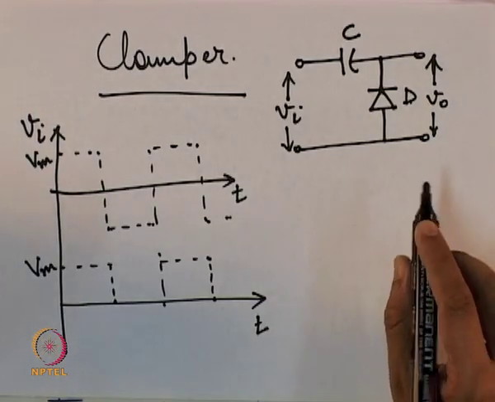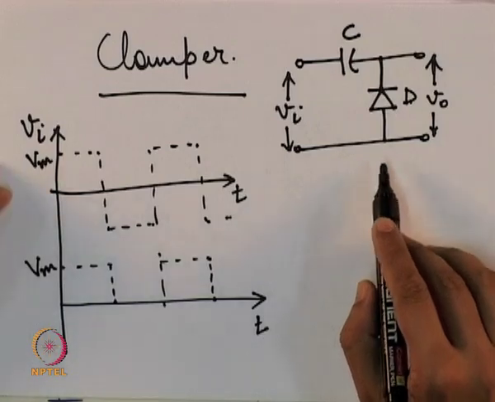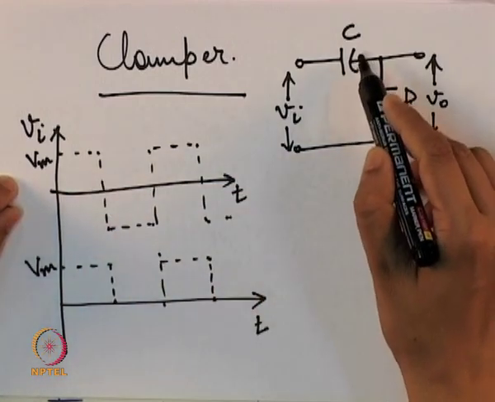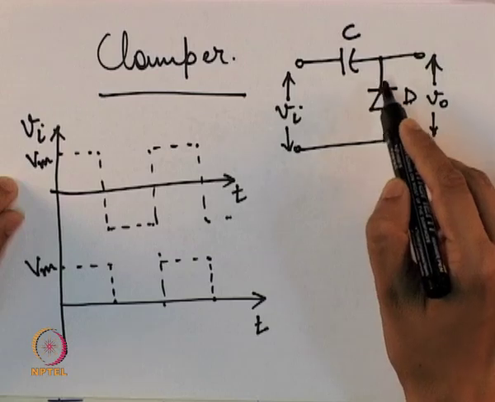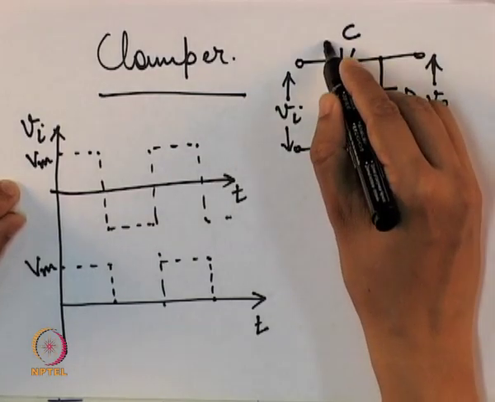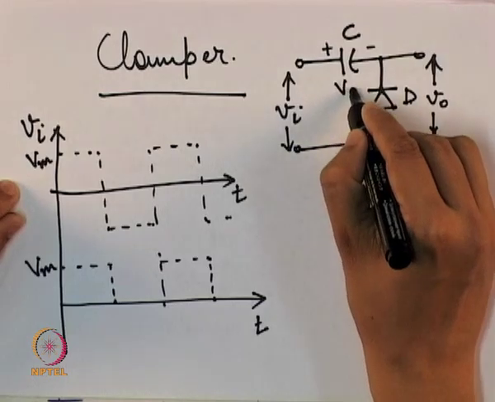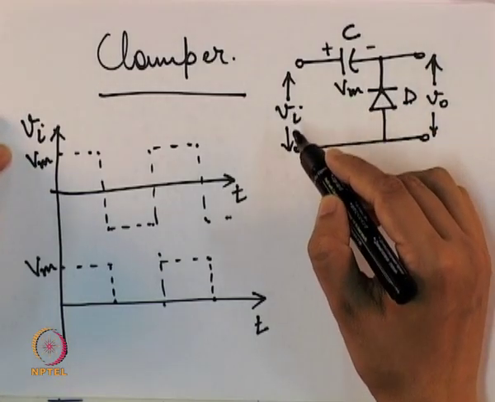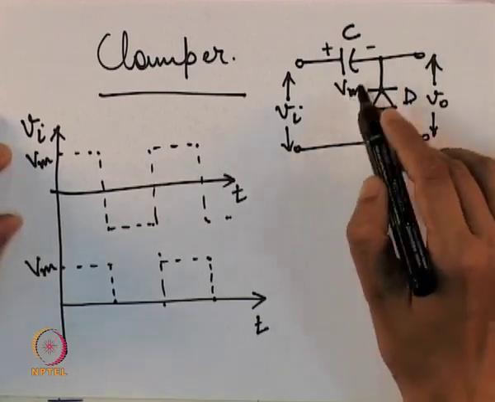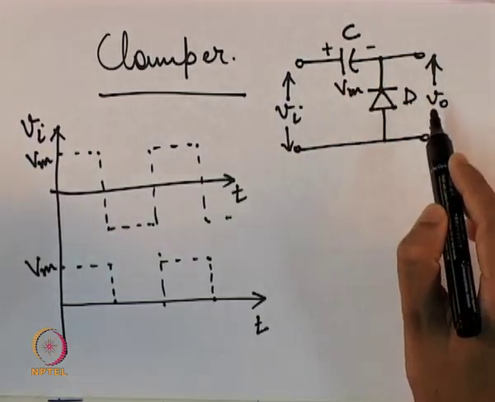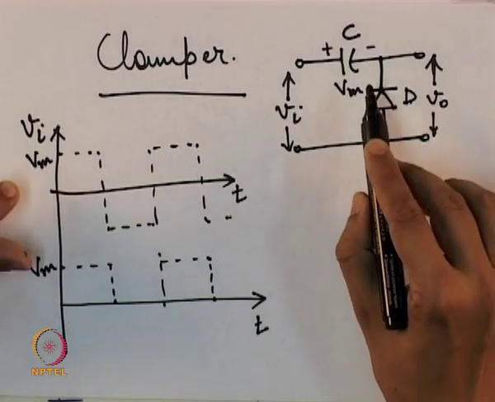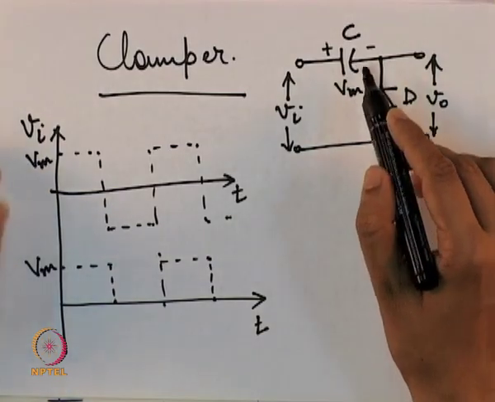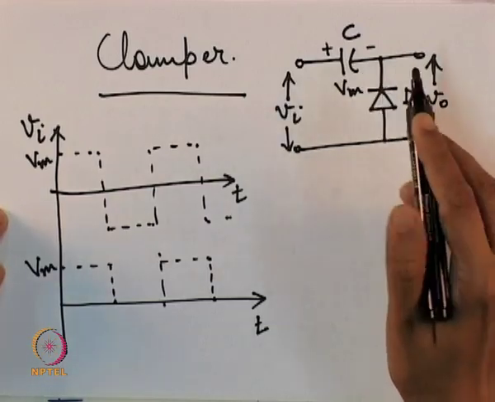Okay. Now, here what happens is that when Vi is positive, this diode D will be reverse biased and this capacitor will charge all the way to the maximum voltage Vm, and when Vi goes negative, what happens is that the voltage across the capacitance will not change immediately, because that is the property of the capacitor, that it always resists any change to the voltage across its terminals.